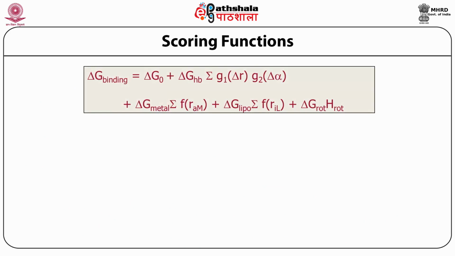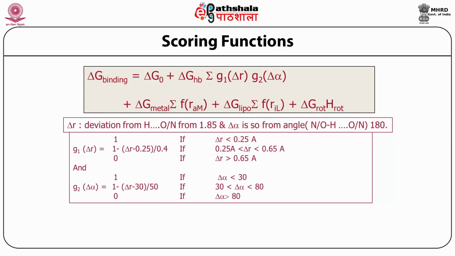Now, as I described in earlier slides, here also I am showing you every function separately and what their meaning is. I think we can read it from the slide: the hydrogen bond term DGHB is derived from delta R, which is the deviation from where any hydrogen bond should be. That means 1.85 is the standard distance from hydrogen to oxygen or nitrogen, the hydrogen bond acceptor. However, the distance difference is what is counted here.